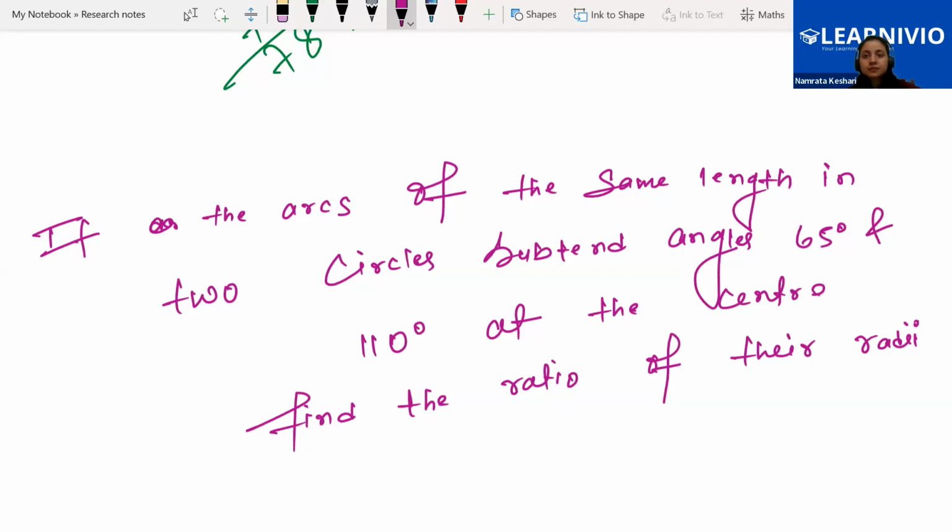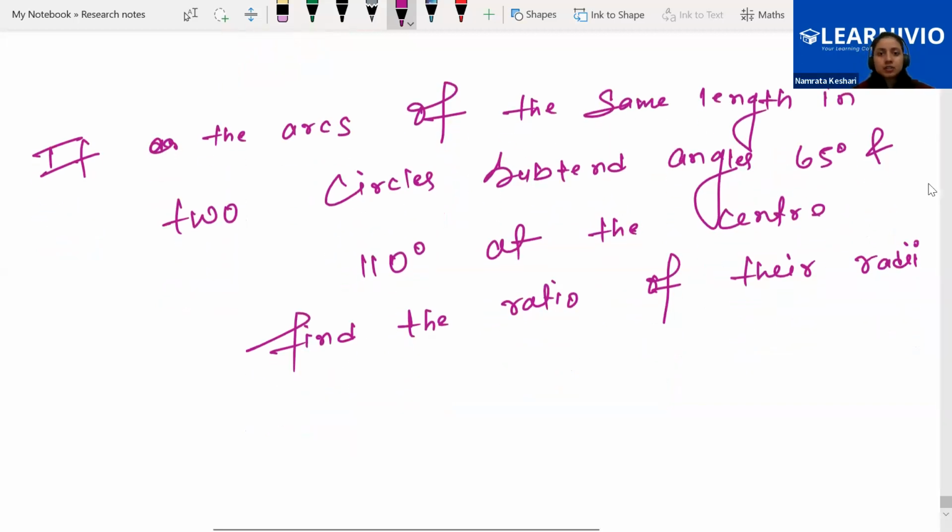Ma'am, L is equal to 22 by 13. Okay, the ratio you are saying is 22 by 13. No, ma'am, the length. Okay, length. If the arcs are of the same length, it is given over there that the arcs are of same length.